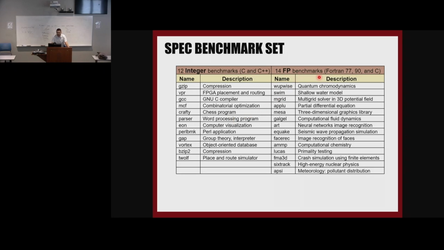These are 14 of them. They are in Fortran. I'm not sure who is using Fortran now, but for C, they have C code for these tasks too. We have computational fluid dynamics, for example, or neural network image recognition, computational chemistry, image recognition of faces. These are the types of applications that use floating point operations intensively. So they design these programs as part of the SPEC benchmark, and they run them on these computer systems to measure the power, performance, and so on.